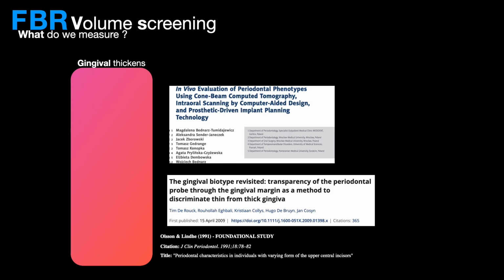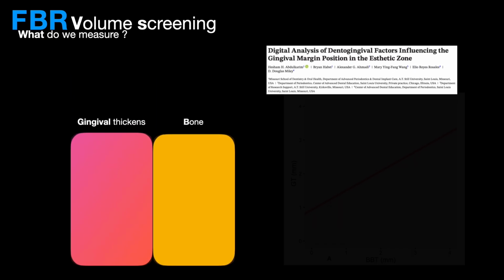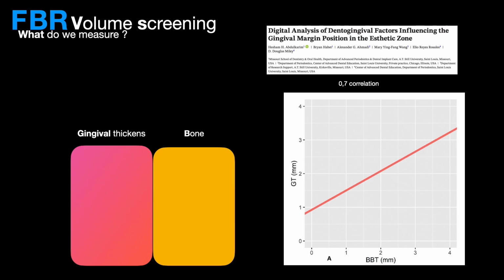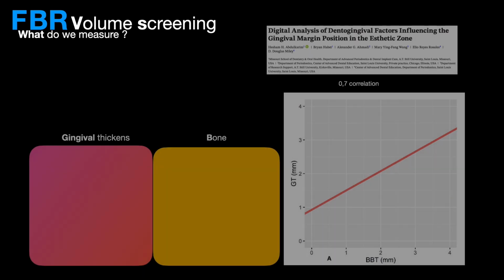So if we got volume maintenance or volume gain, we know that this volume of tissue around the implant is not just gingival thickness, it's also the bone underneath. We know from the research that the tissue volume equals the gingival thickness and the bone, and that correlation is 0.7. So with the growth of the volume, gingival and bone components grow.